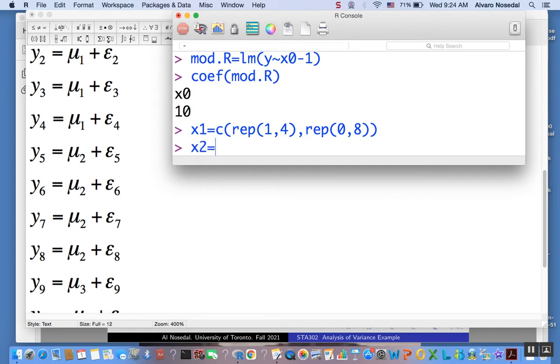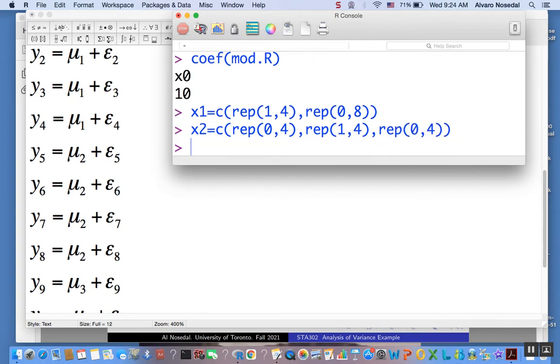The second one is going to be a vector with 4 zeros first, then 4 ones, and then 4 zeros again. And the last one is going to be a vector with 8 zeros and then 4 ones.